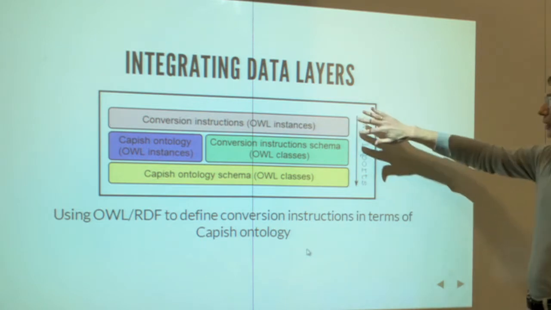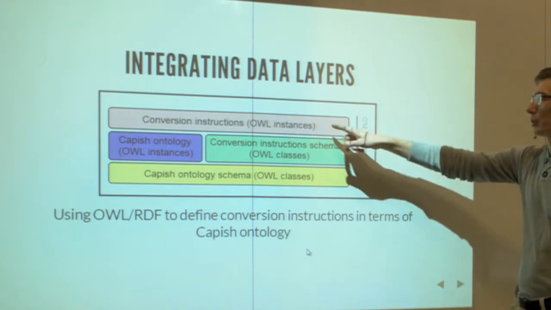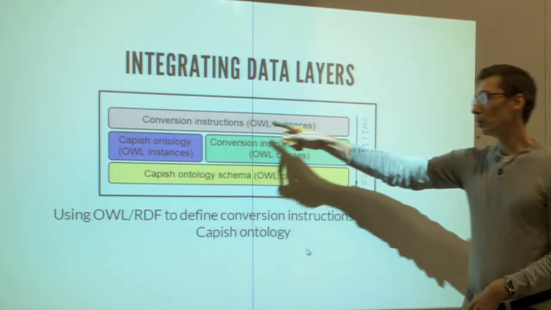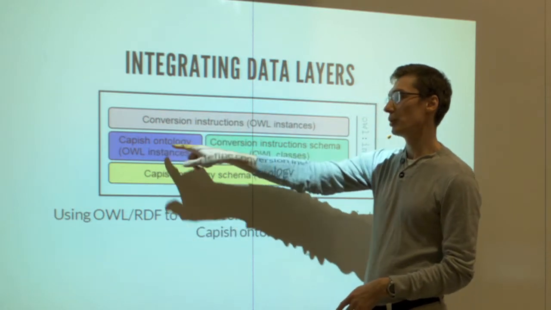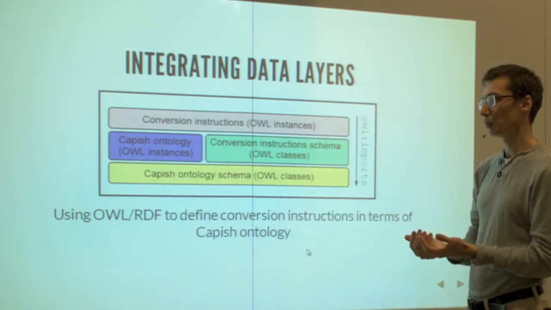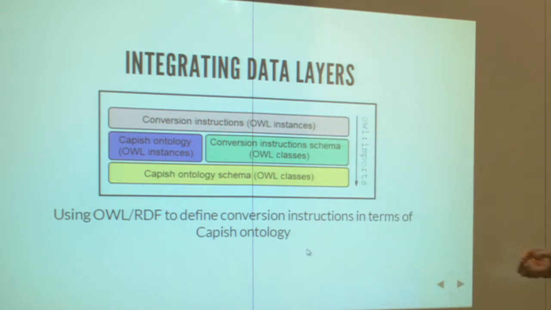And then we have finally a concrete conversion ontology which sits on top and imports both of these. So it has to know the concrete Capish ontology, the schema we need to conform to in the end, and it of course needs to know its own structure. So this is the way to arrange information data layers, so to say, for the conversion system with OWL.